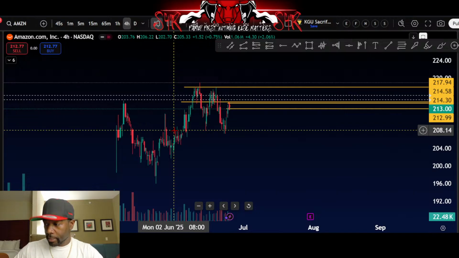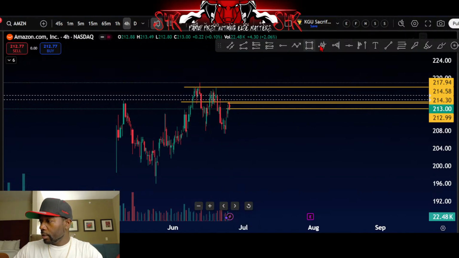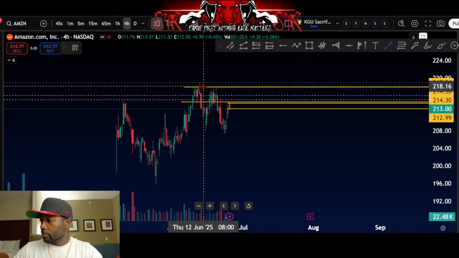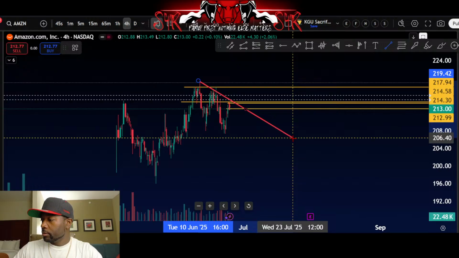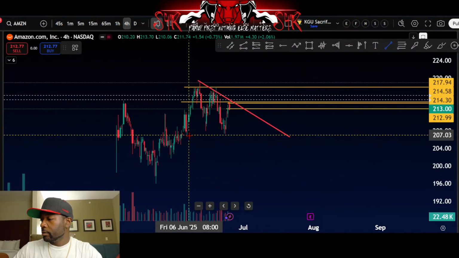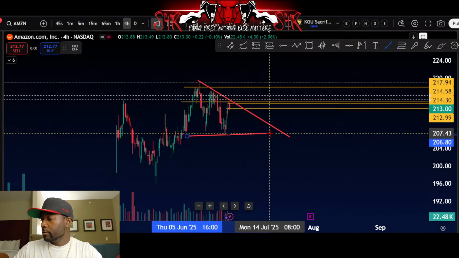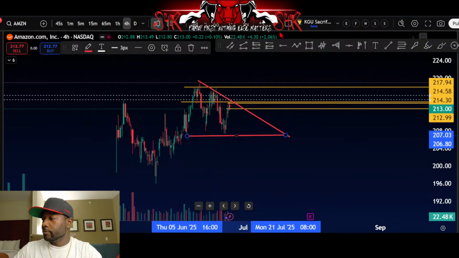You might say, well, we have a double top, or overall, this is how we're trending for Amazon, which is a descending triangle, right?